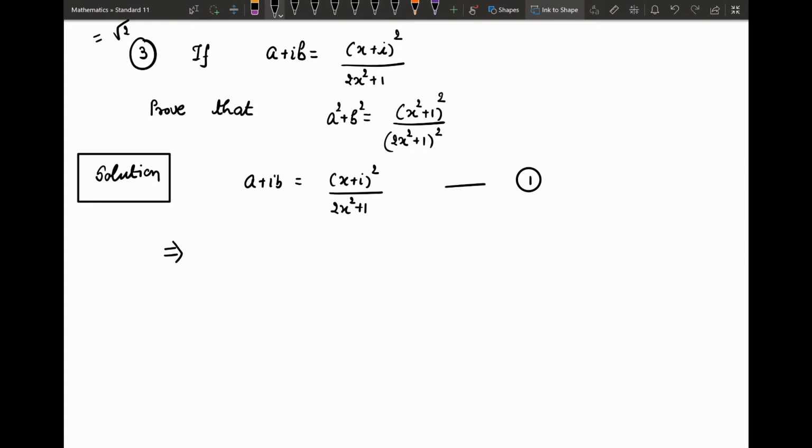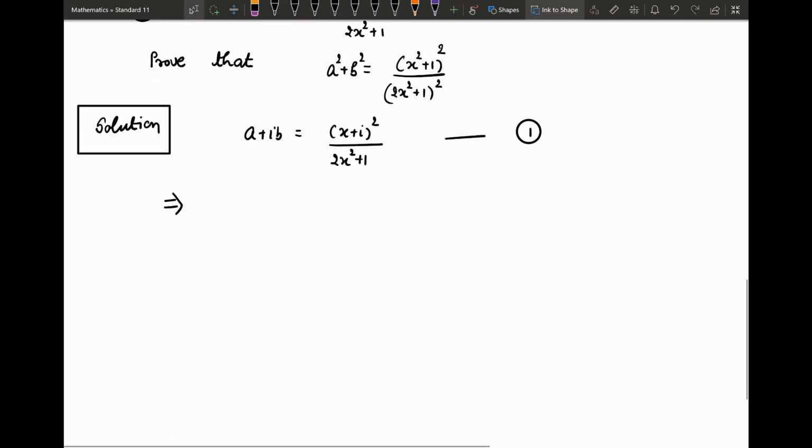Either you can take modulus on both sides and then take the square, or the alternate method is first we take conjugate of both sides. So the left hand side conjugate of a plus ib is a minus ib. For x plus i, its conjugate is x minus i, upon 2x square plus 1. Say equation number 2.